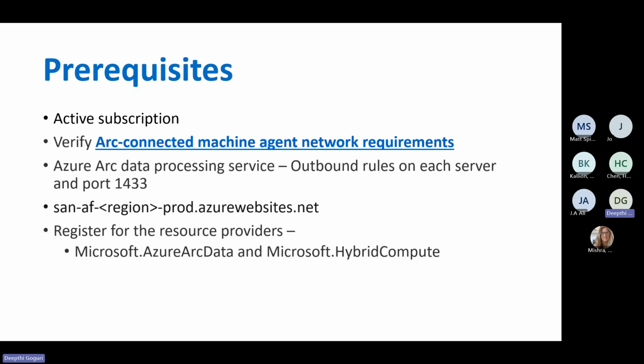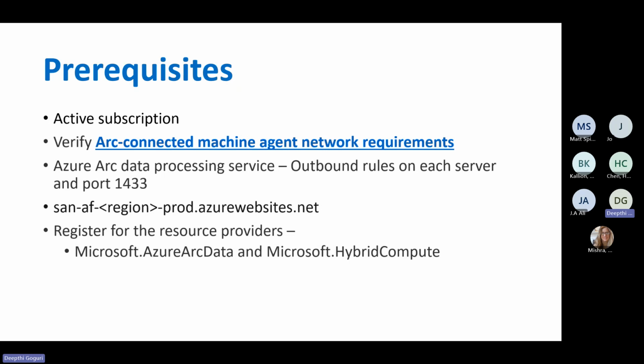For example, on each of these servers you need to install an outbound rule and enable port 1433. And there are other prerequisites below that you need to follow. Also, you need to register the resource providers before even beginning to enable Azure Arc, that is Microsoft Azure Arc Data and Microsoft Hybrid Compute.